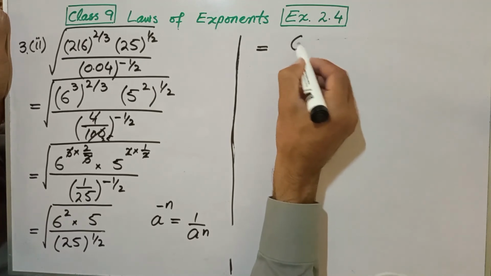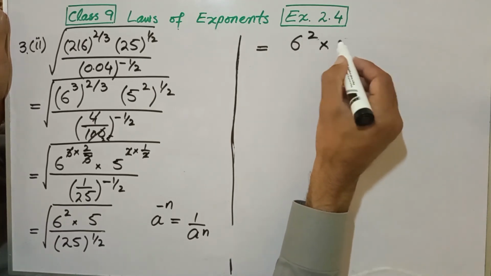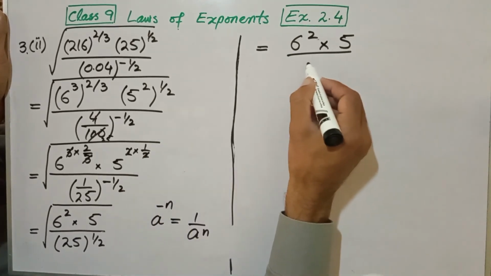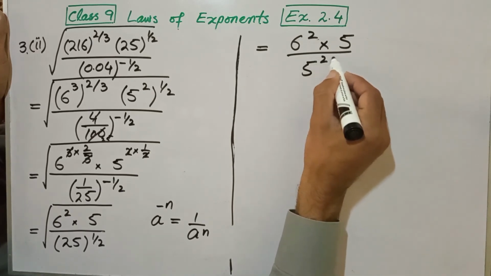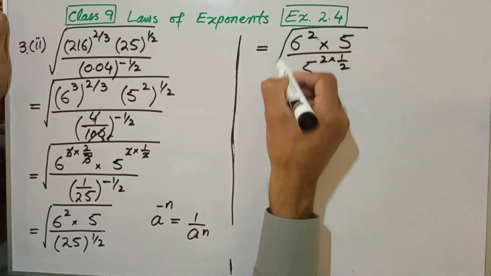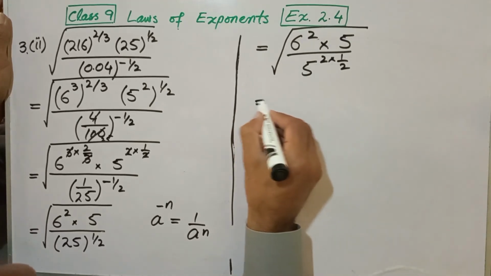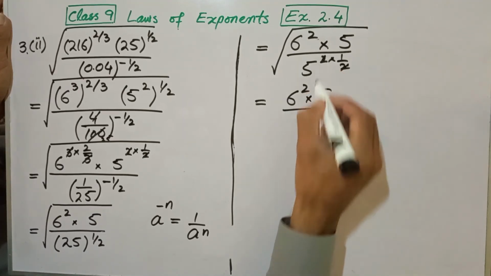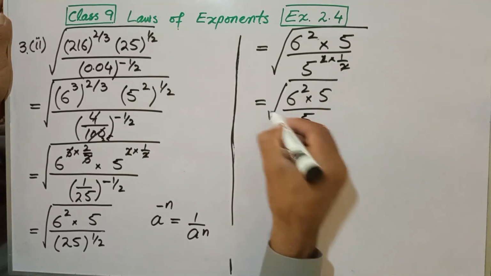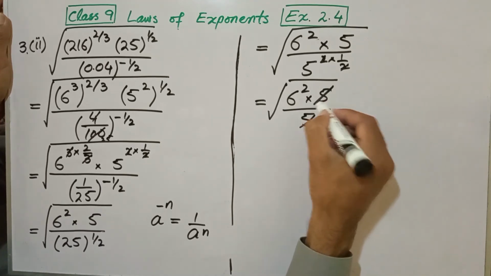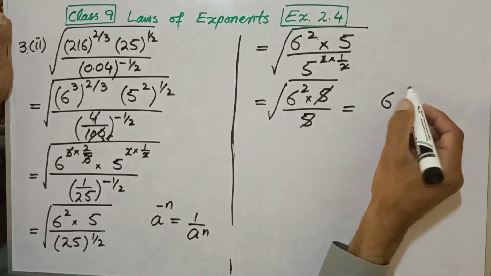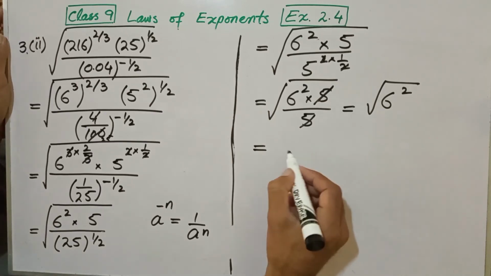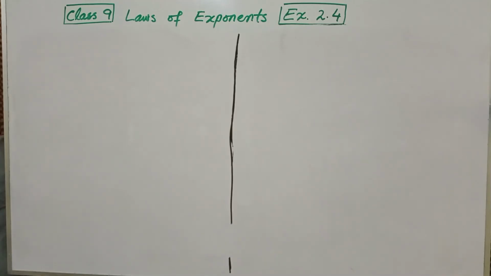From here we can write 6 square into 5 divided by 25 square root as before is 5 square into 1 over 2 whole square root, which is 6 square into 5 divided by 5 whole square root. 5 is cancelled with 5. We have 6 square root, and we know that the square root of 6 square is 6. Part 3 and 4 are similar.